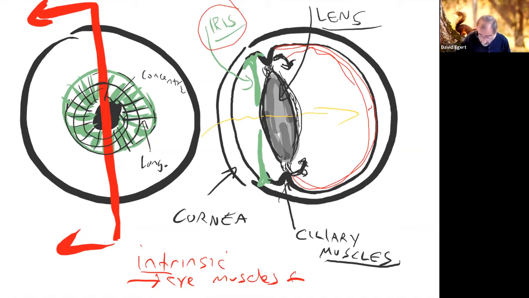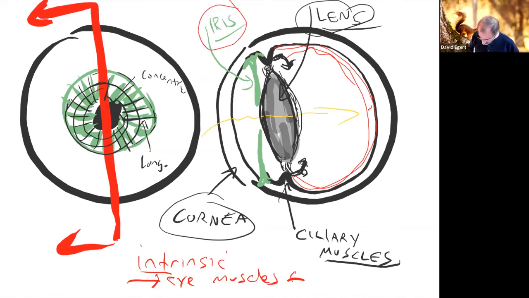So the lens and the cornea need nutrients. You don't want blood vessels on them because then you're going to be looking out through blood vessels. So there's going to be another system, similar to what we saw with the CSF, where there's this aqueous humor, which is produced and flows around and provides the nutrients to these clear structures. So let's talk about that.